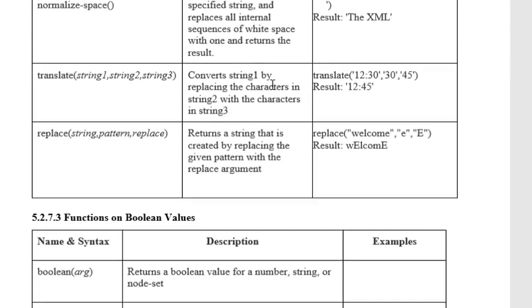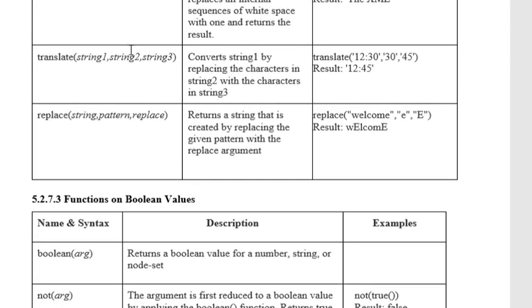And the translate function converts a string with the help of other strings. Meaning, if you give translate with strings 1, 2 and 3, it is going to find string 2 in string 1 and then replace it with string 3.